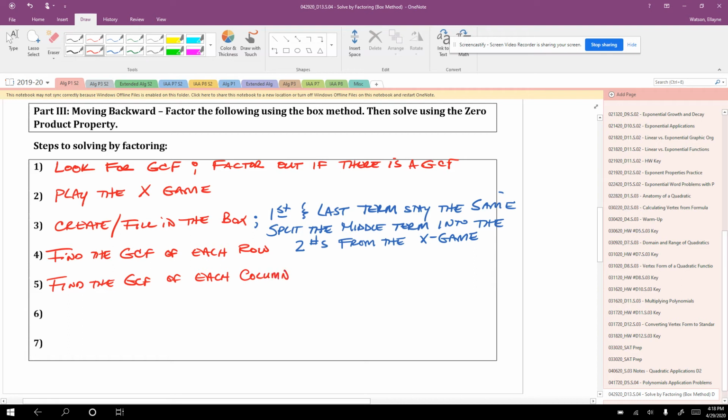Now, I am going to put a note here. If the first term is negative, then you want to make the GCF negative, and we're going to have an example of that. Okay, but it's important to note, if the first term of the row or the column, whichever one you're doing, is negative, make the GCF negative.